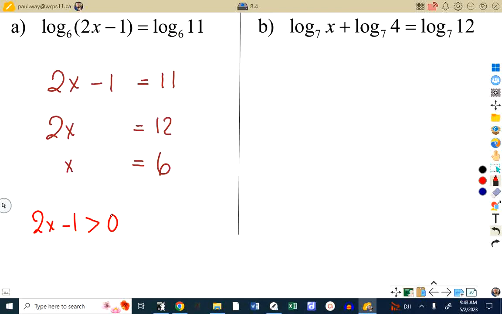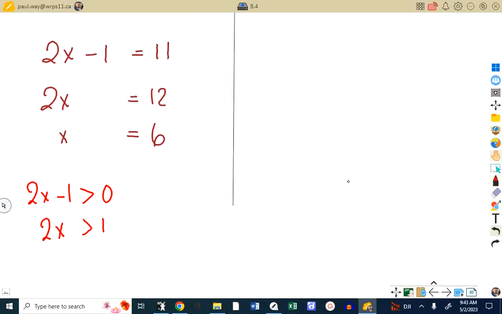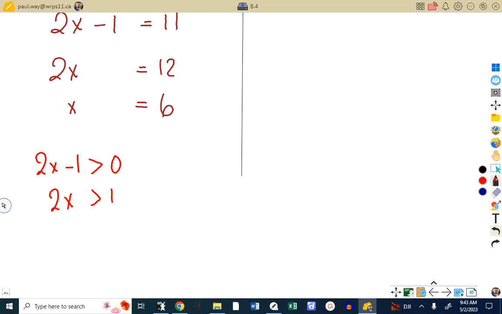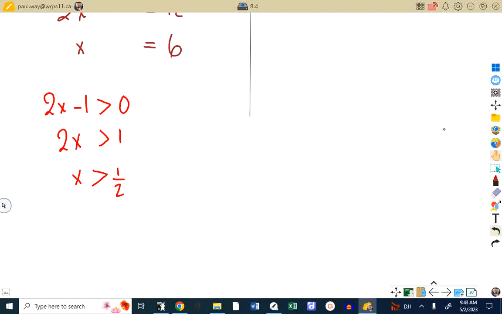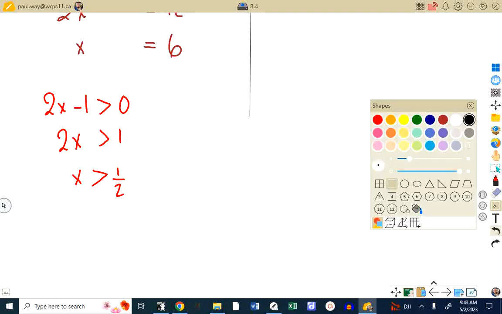So if we rearrange this to get 2x is greater than 1, and then x is greater than 1/2, what does that mean? Well, we should know what that means. I shouldn't need to draw a number line for something with a single inequality like that, but I'm going to anyway.